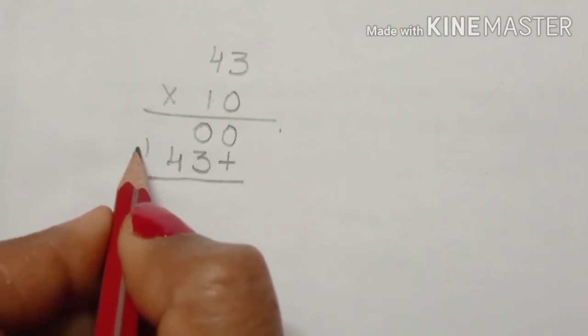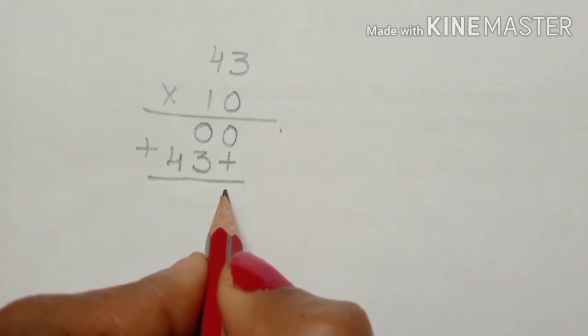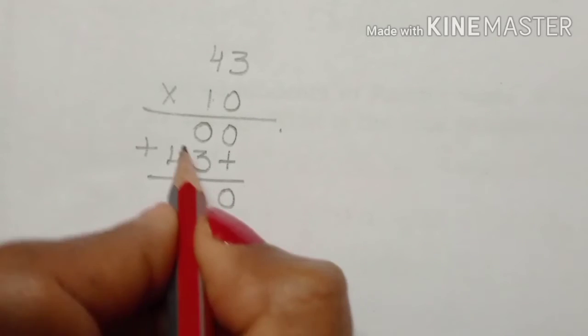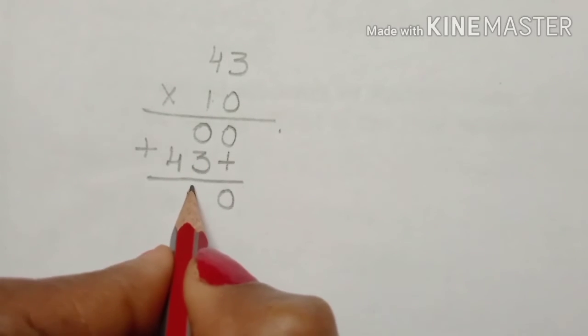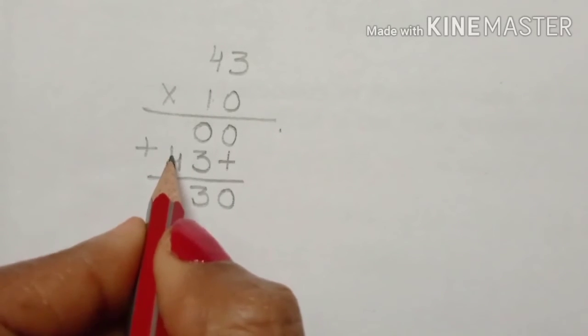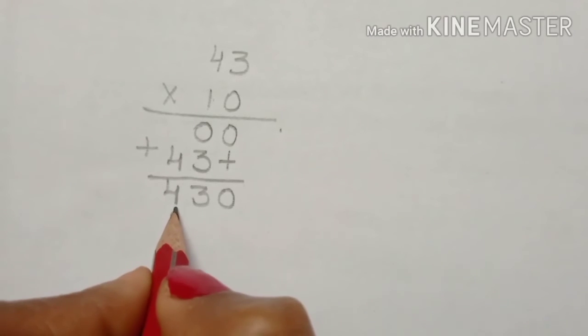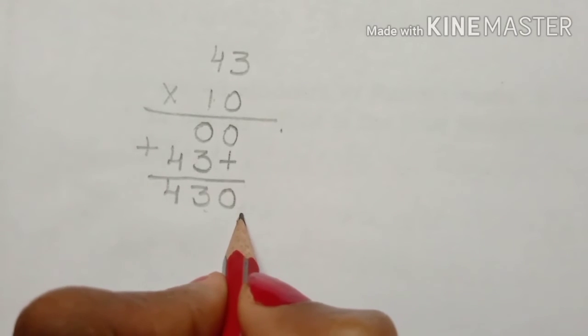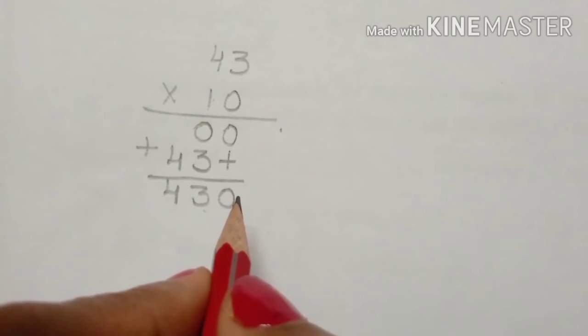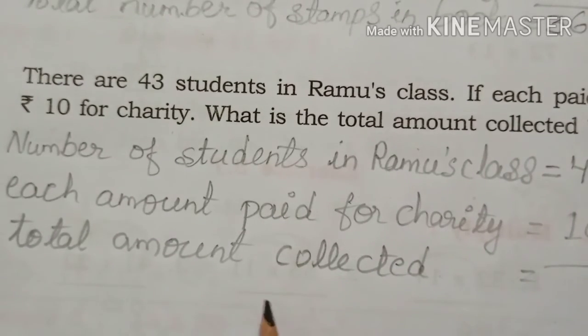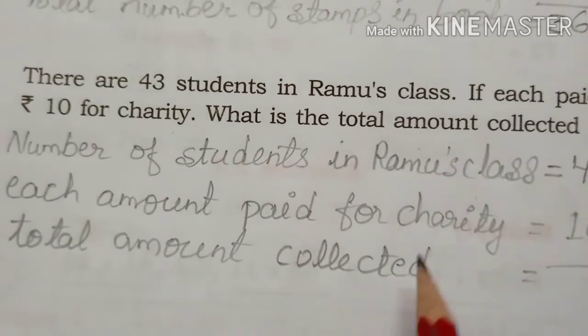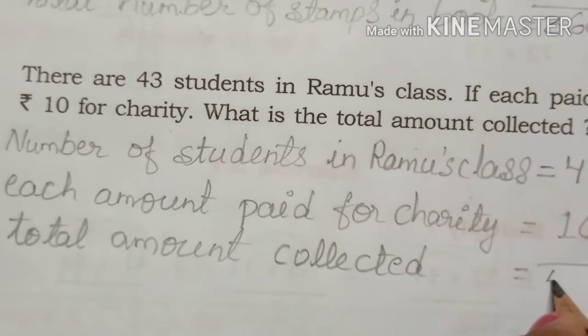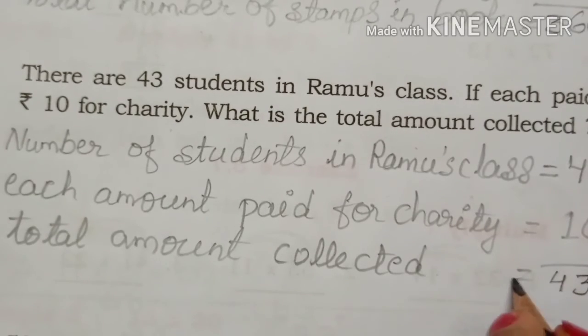So add it all. 0 only 1 is there. 0 plus 3 is 3. So 4 write as it is. 430. Total amount collected 430 rupees.